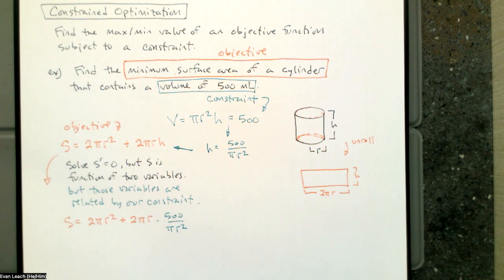So by using our constraint, we have rewritten our objective in terms of one variable.